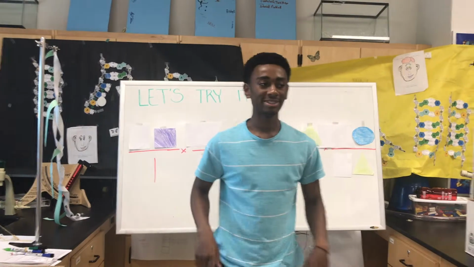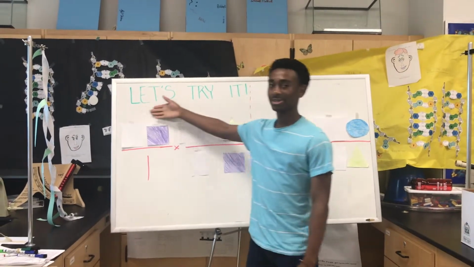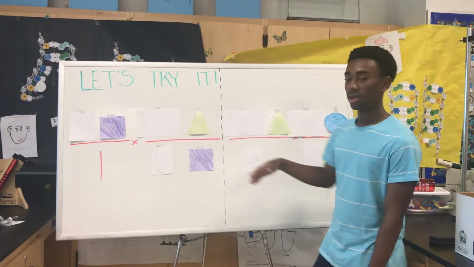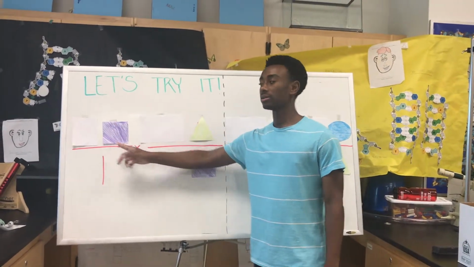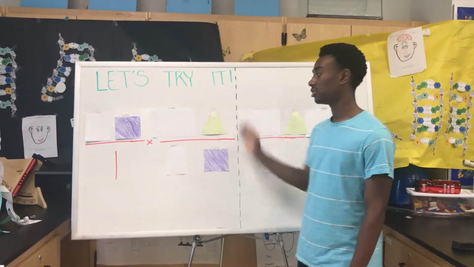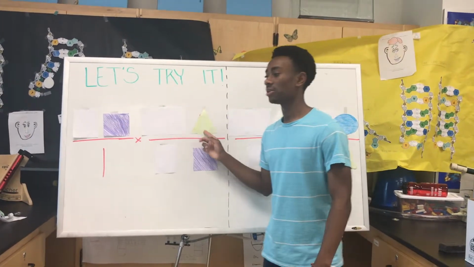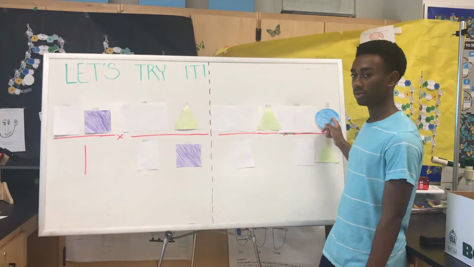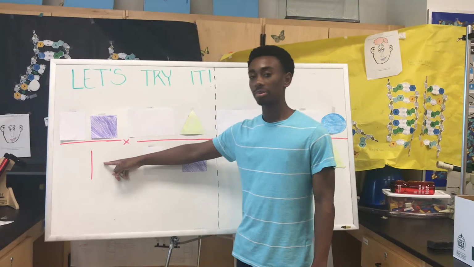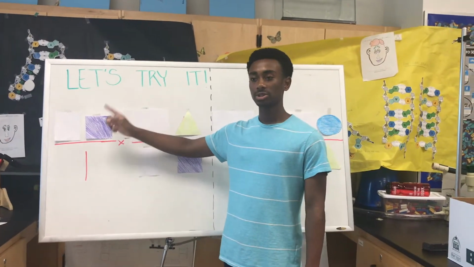Now that you know about dimensional analysis, let's try something. These shapes here represent units. Our goal is to get from squares to circles. We've broken this equation up into two parts, squares to triangles and then triangles to circles. Okay, this square, we're going to put it over 1, which is equal to a square.